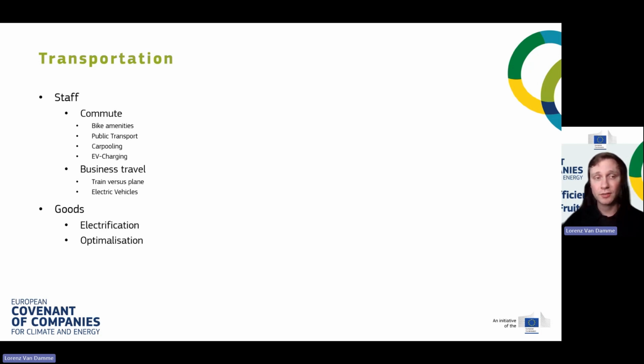Maybe for them charging at work makes it viable to buy an EV. And also you can link the EV charging to your own renewable production and therefore reduce the emissions by making sure that they are charged as much as possible with renewable energy, which you cannot control if they are charged at home.